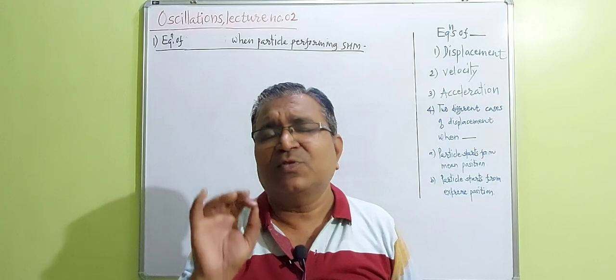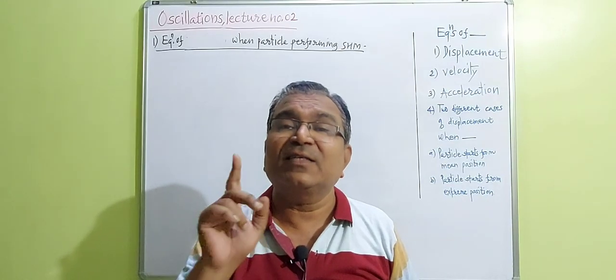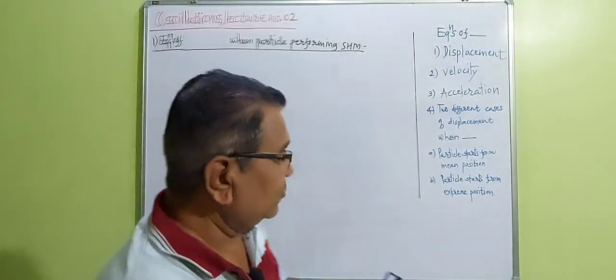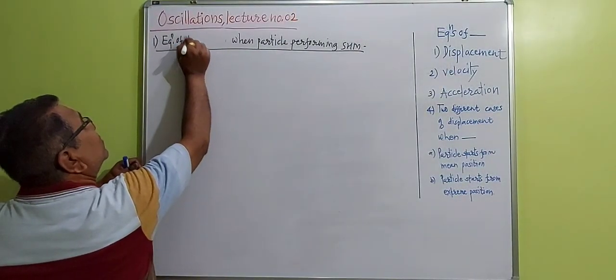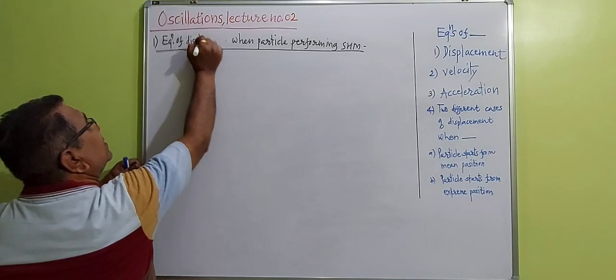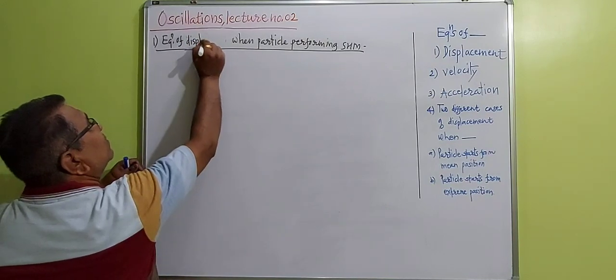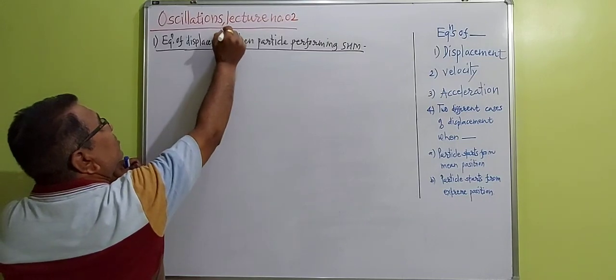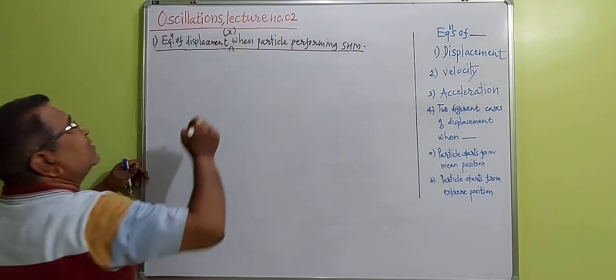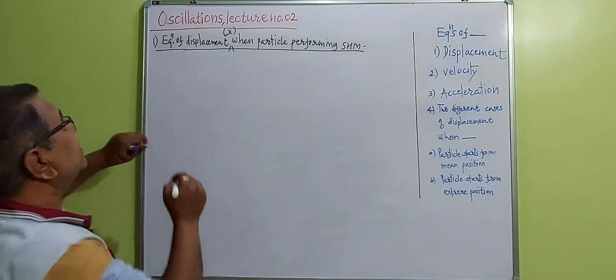So the starting point is nothing but the equation of velocity. So here I will make a title like this: equation of displacement x when particle performing SHM.